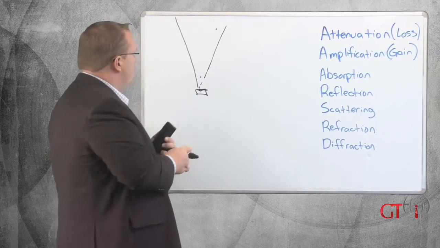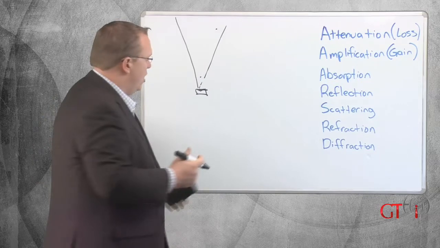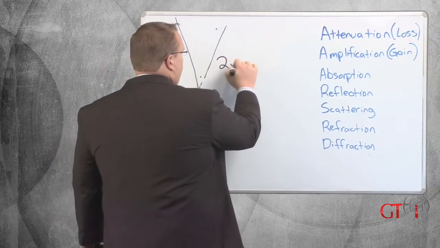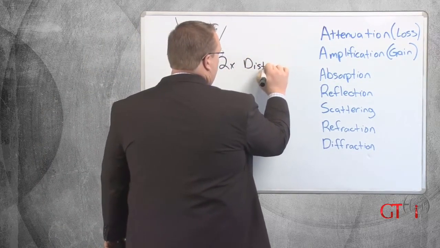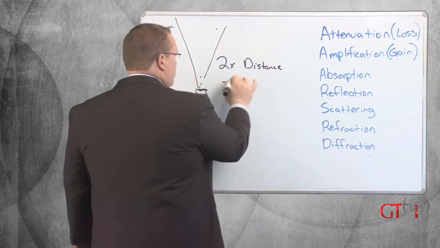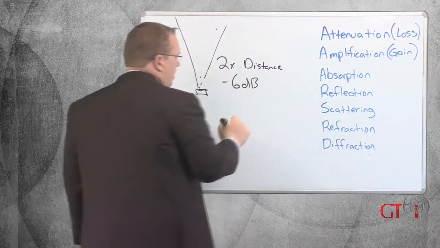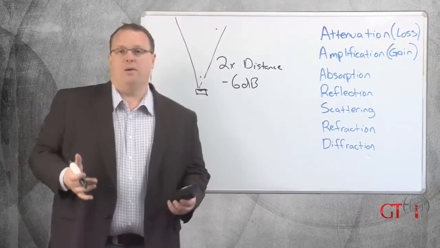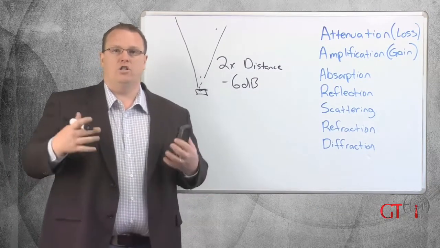Now, some rules that go along with that. For every time you double the distance, you lose 6 decibels. Now, what's a decibel? We haven't gotten to that part yet, but just know that it is a unit of energy.